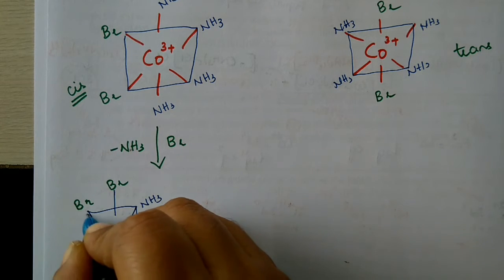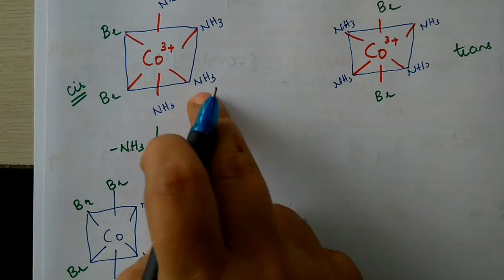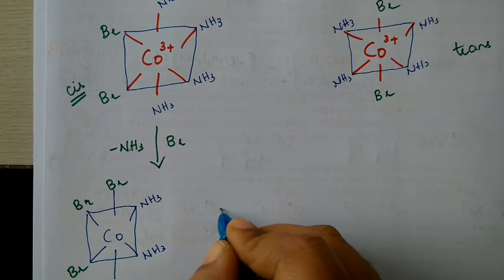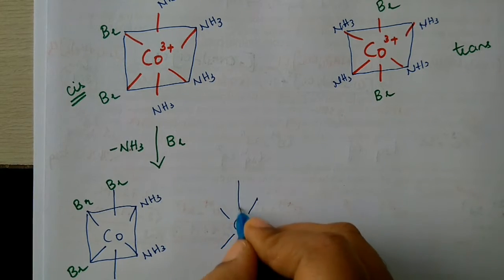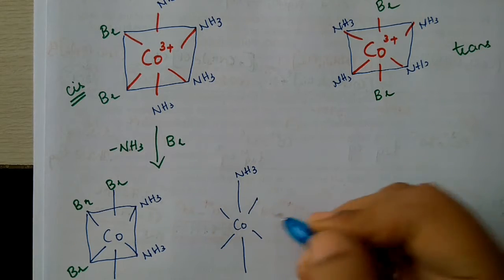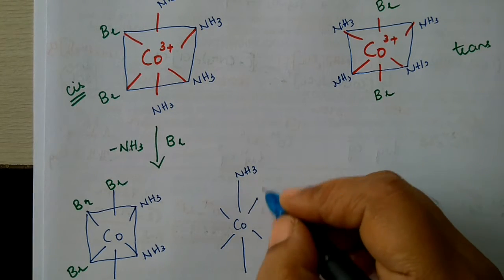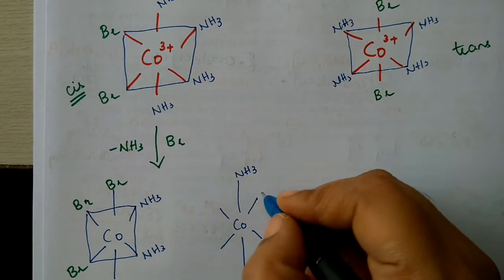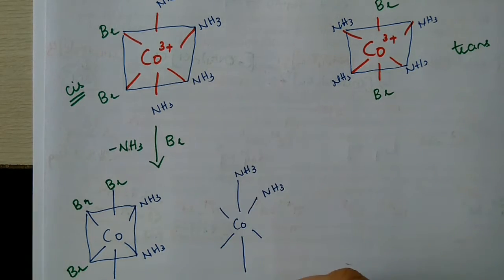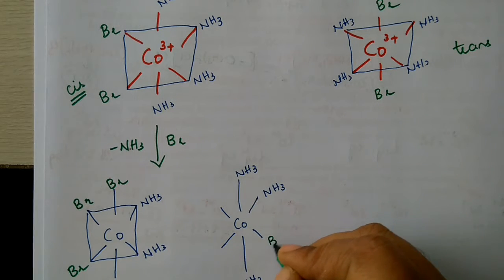Now in the second complex we can remove this NH3 also. So how it will be, we shall see. This NH3 is as it is, this NH3 also as it is, only this NH3 we are going to substitute with Br there.